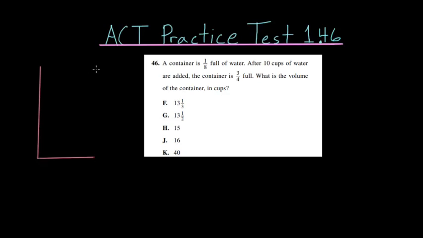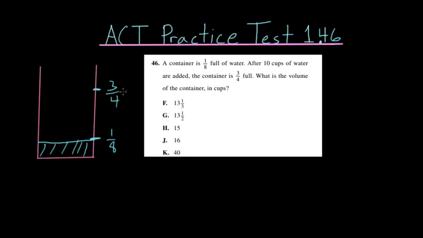So let's say that this shape here is our container, and we know that it starts out being 1/8 full of water. So let's say this is our starting point, and that this is at 1/8. And then it's saying that 10 cups of water are added, so now the container is 3/4 full.